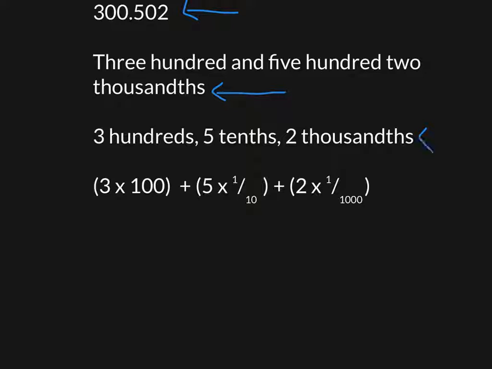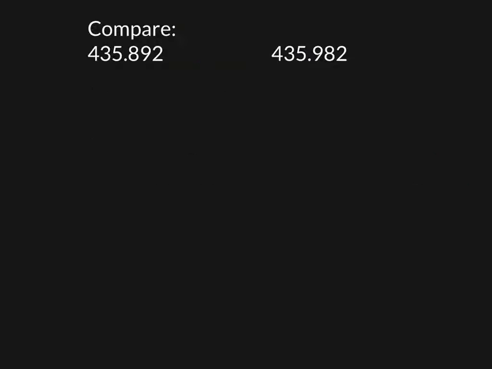This is the unit form. 300ths, 5 tenths, 2 thousandths. And this is the expanded form. 3 times 100, which could also be written as 3 times 10 squared, plus 5 times 1/10, plus 2 times 1/1,000th.